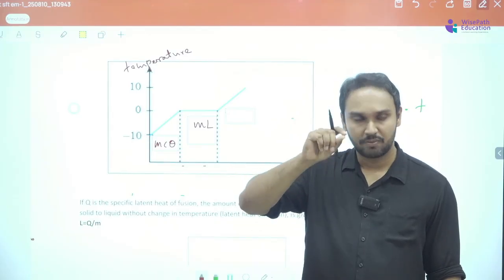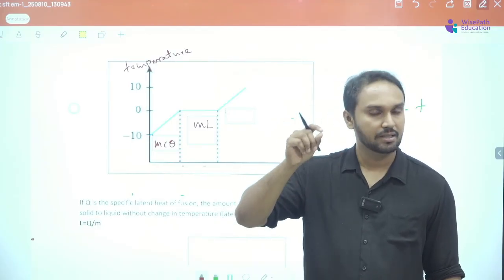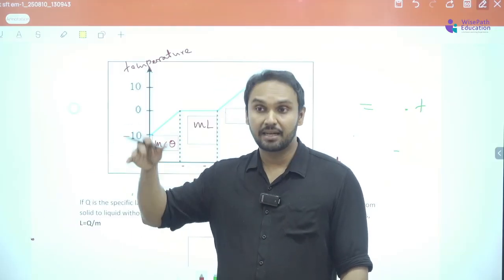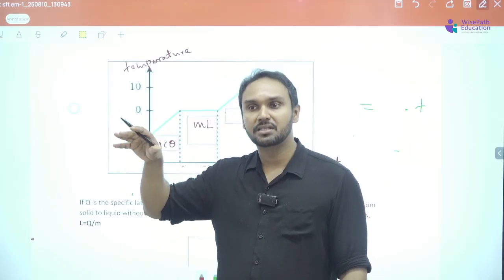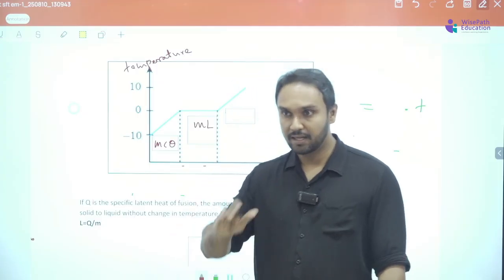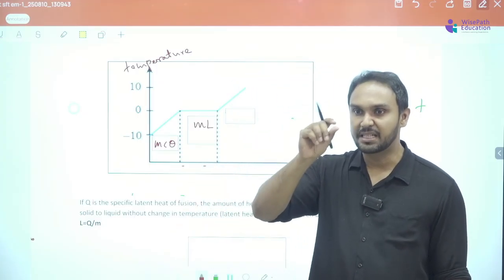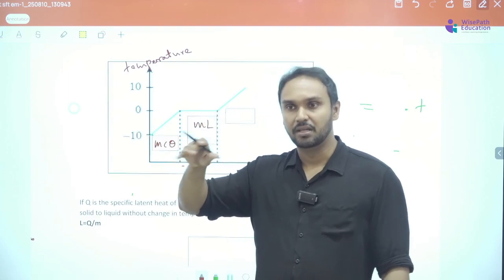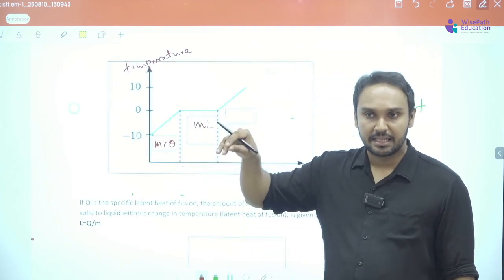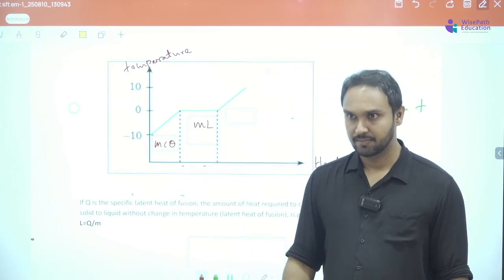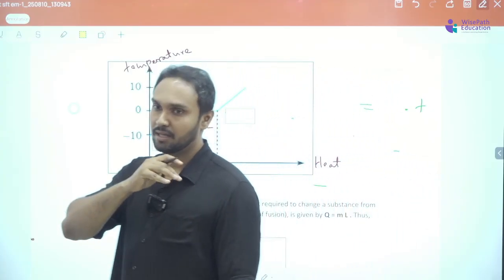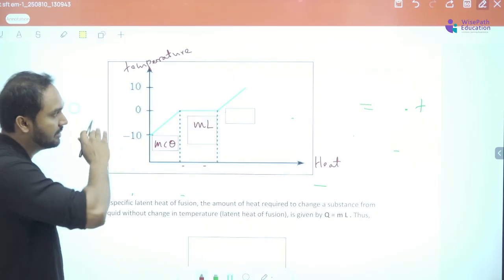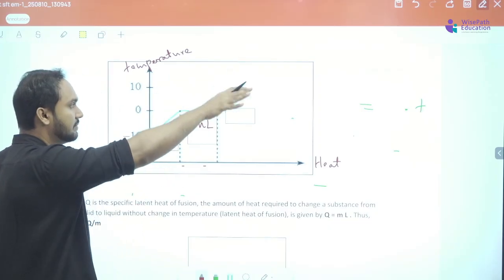So once the last small piece of ice converts completely into liquid, only then does the temperature start to increase again. Until the last ice piece is converted, the fusion, the latent heat is still there. Get it? Until the last ice piece is there, the latent heat is there. So it's there until the final ice is converted into liquid.